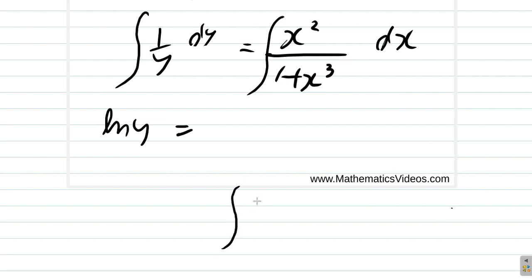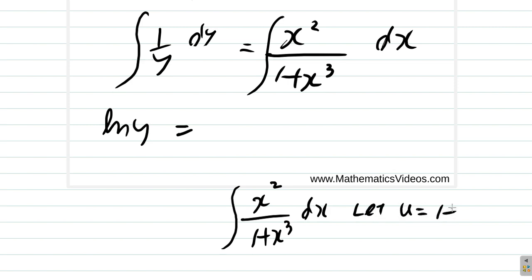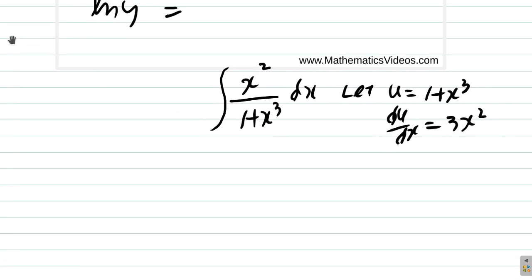So for the integral of x squared over 1 plus x cubed dx, we let u be equal to 1 plus x cubed. Then du by dx would be 3x squared. Given this, dx would be equal to du over 3x squared.